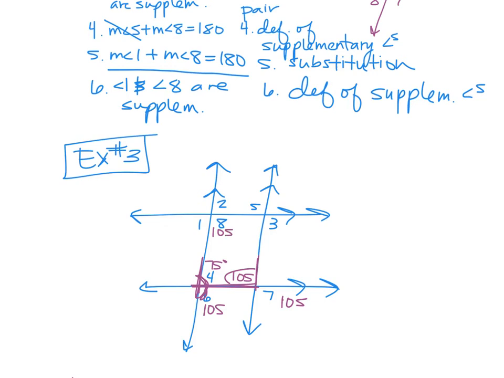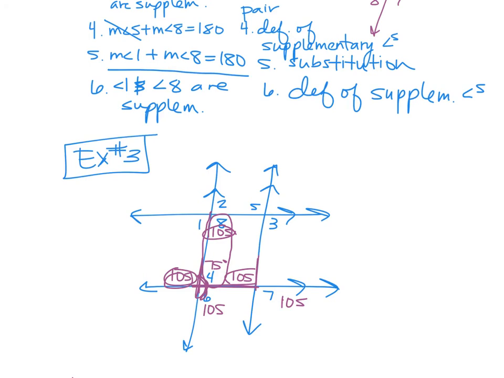It's an alternate interior with this one, right? Those would be alternate interiors. So you could find this first and then say alternate interiors, or these two, 4 and 8. Those are same side interiors, right? And same side interiors are supplementary.